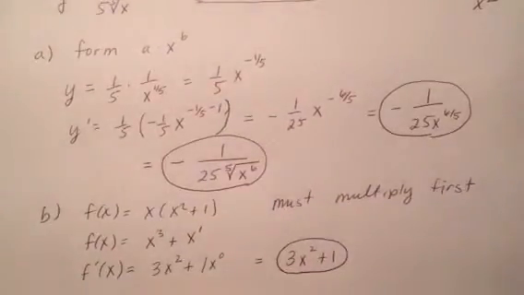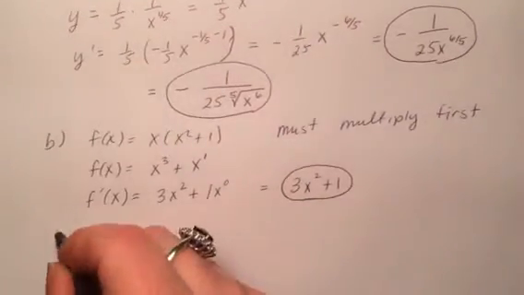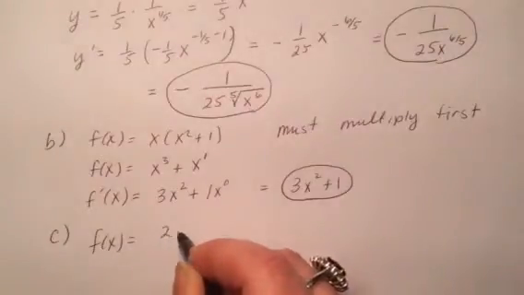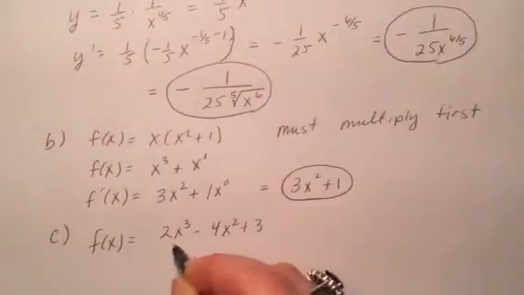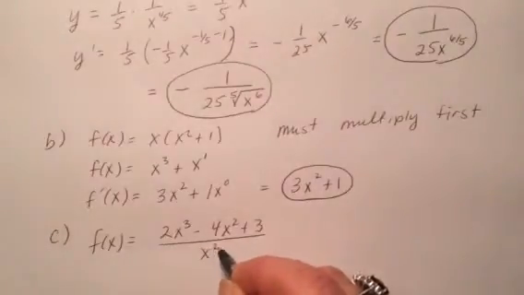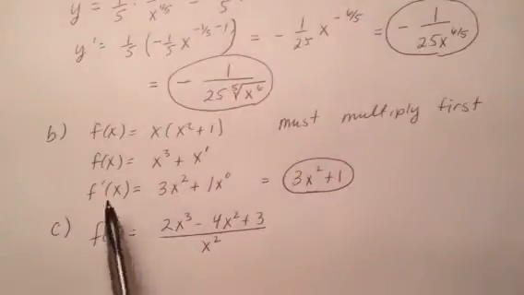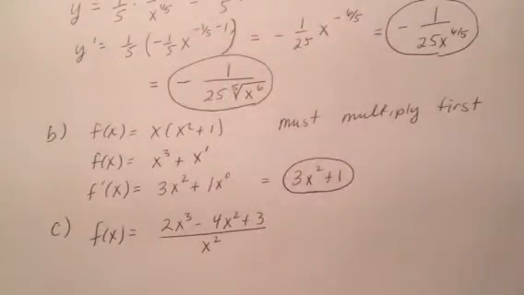There we go. All right, now we have one more example, and it was f of x equals 2x cubed minus 4x squared plus 3 all over x squared. And again, we've got a quotient, just like this one is a product, and we had to multiply this out first.